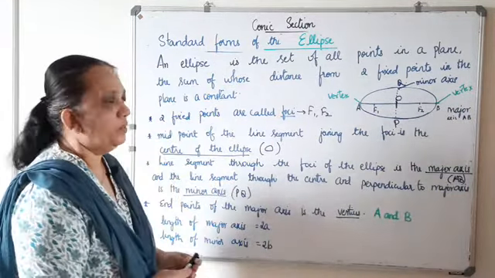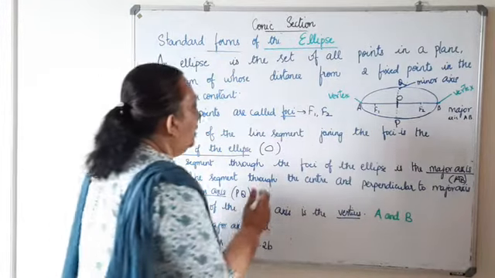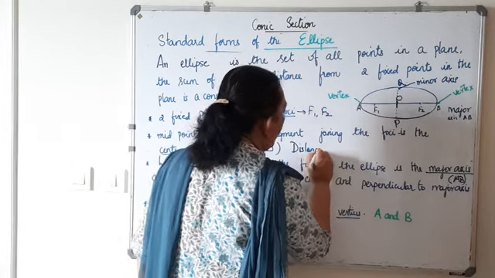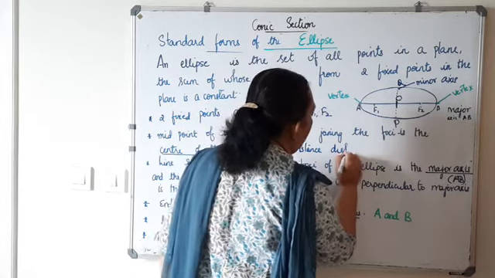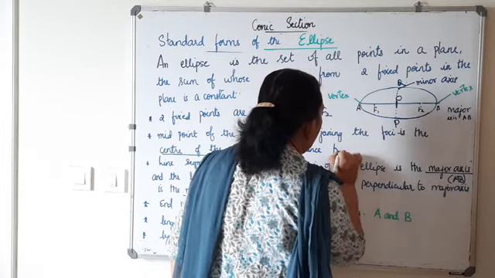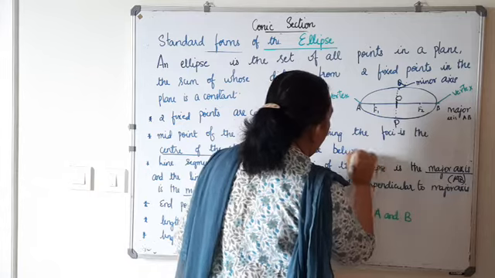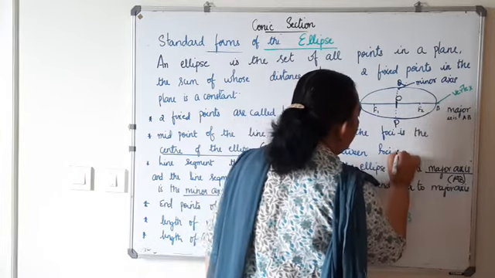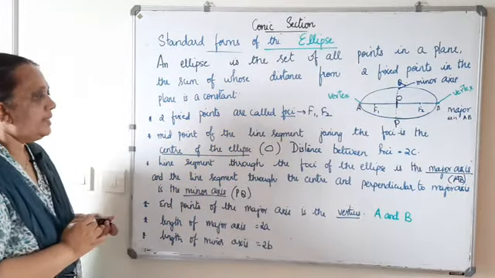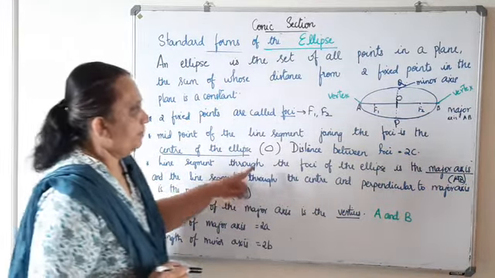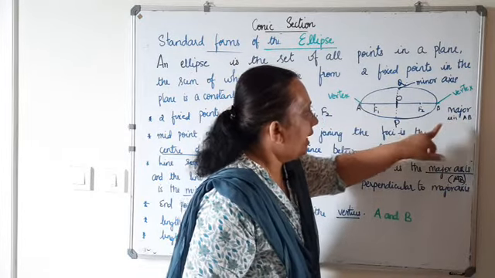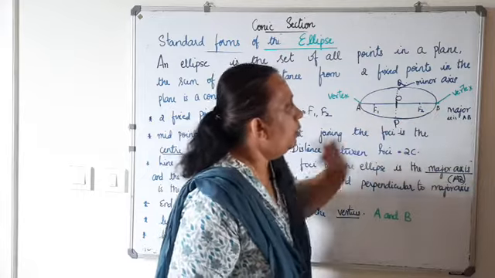The center of the ellipse is denoted by O. And the distance between the foci is equal to 2c. The line segment through the foci of the ellipse is called the major axis, and here the major axis is AB.